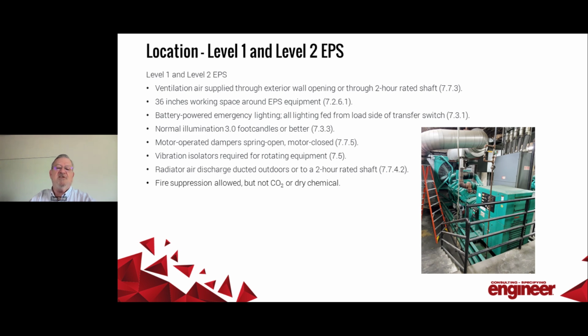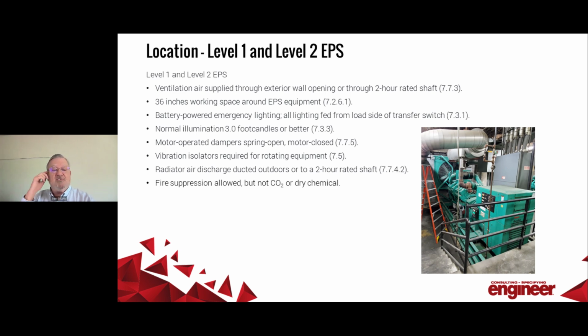Here are some requirements that apply to the EPS room for both a level 1 and a level 2 system. Ventilation air requirements are the same as for level 1, but fire dampers and shafts aren't prohibited for level 2. We have to have at least 36 inches around the generator, and you'll note that the generator in that photo doesn't really comply. Radiator discharge has to go through a wall opening or, again, a 2-hour rated shaft.